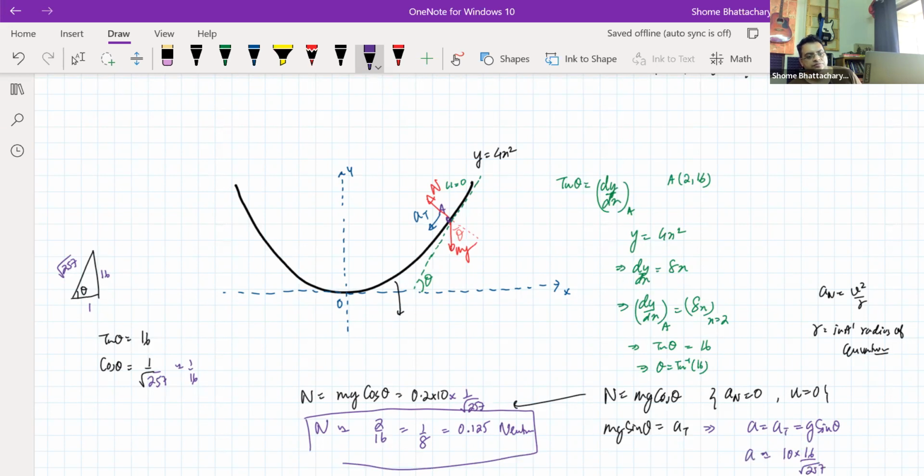257. Okay. So this also, if you like, we can do a binomial approximation. 16 upon root 257, you can write as 16 upon 16 into 1 plus 1 by 256, to the power half.